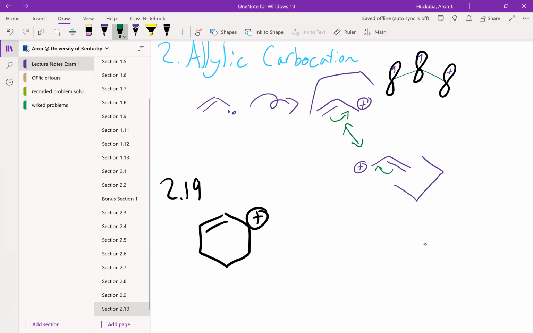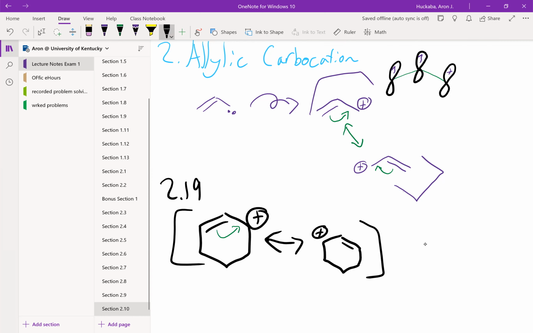And here you could see that this double bond could go towards the carbocation, ending in the bond between the carbocation and one of the double bonded carbons. And when it does that, the resonance form that you see has this structure. There we are. All right, great.